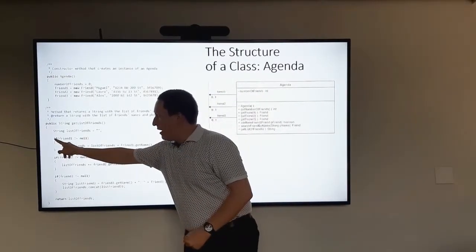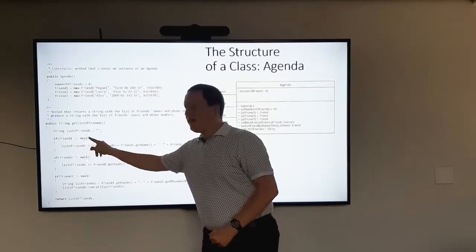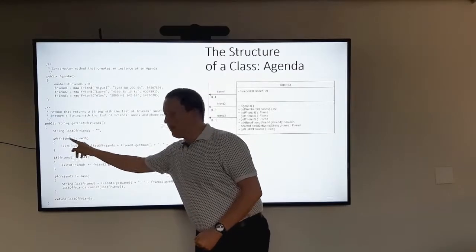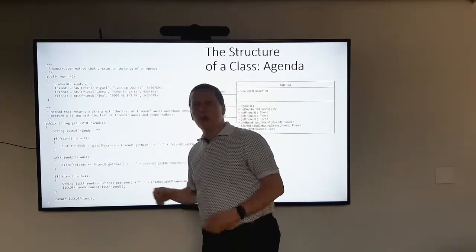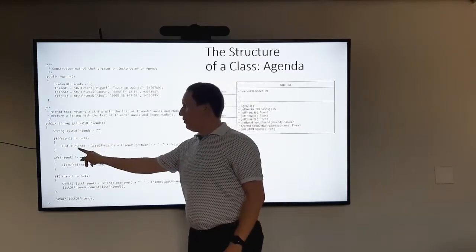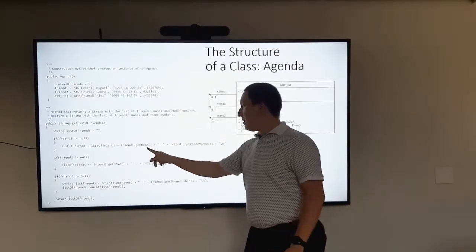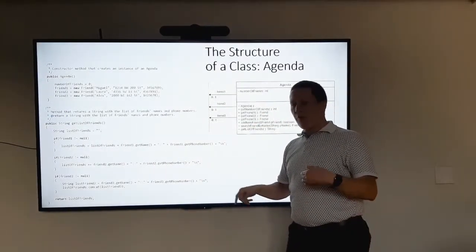First question, if the spot friend 1 exists, right here I'm telling that it is different from null. So if friend 1 exists, I'm going to add to my text the name and the phone number of friend 1.